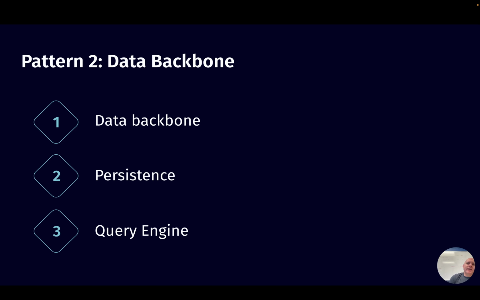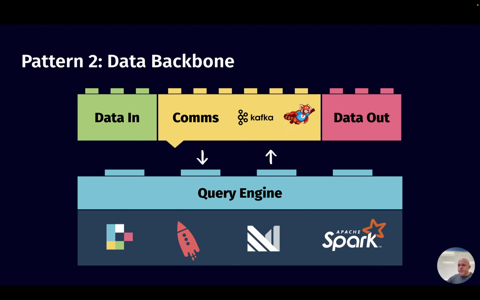Now let's go to the second pattern that's a little more complicated. In this case, we have a data backbone, we're going to have persistence, and we're going to have a query engine. So here, your communication backbone would be Kafka or Redpanda, and we would hook a query engine to it.